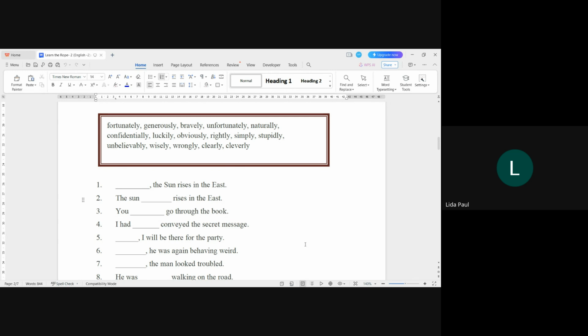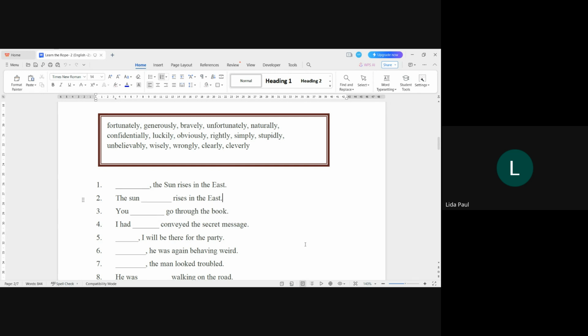Now, let me tell you one more thing. Most of the time, viewpoint adverbs appear at the beginning of the sentence. Like this: naturally, the sun rises in the east. Mathematically speaking, that equation doesn't look sound.